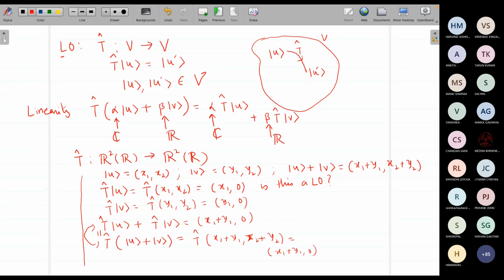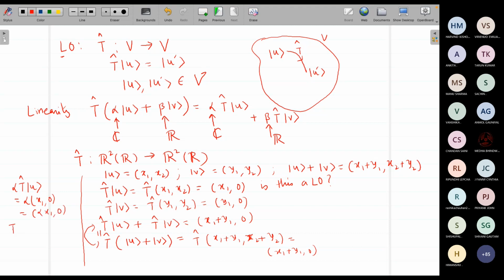You can do something similar for alpha T u as well. So alpha T u will be (alpha x1, 0).